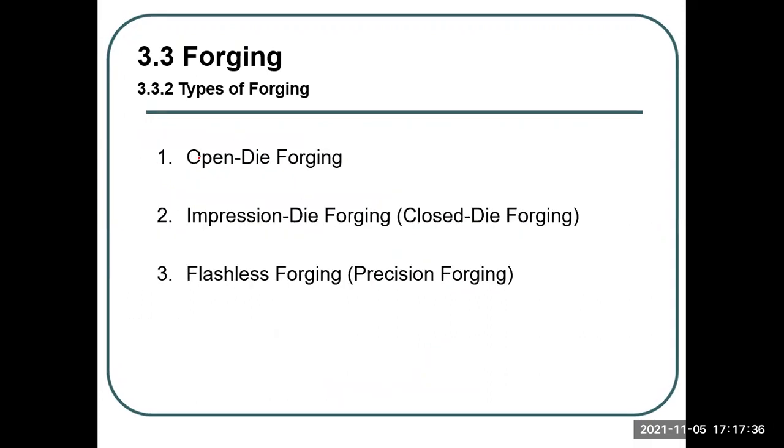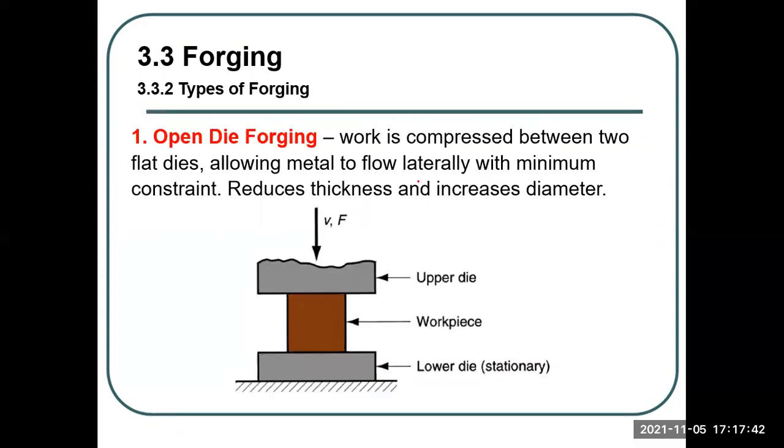Also, these are the three different types: open, closed, and precision. So what are they? We spent quite a lot of time explaining it in the tutorial also. So please refer for more details to either the tutorials or the lectures.